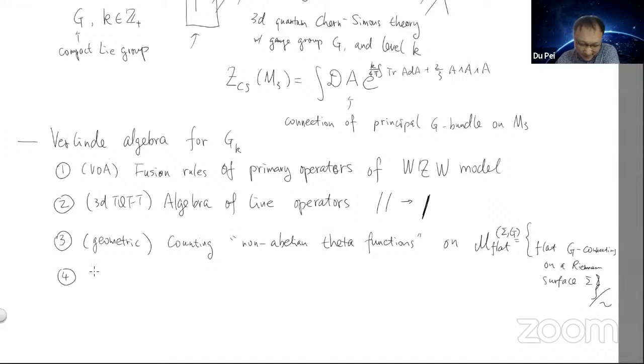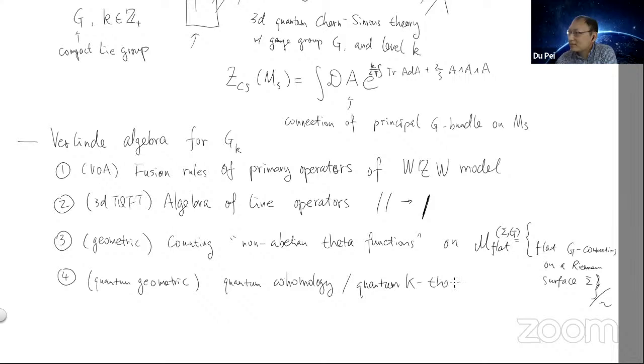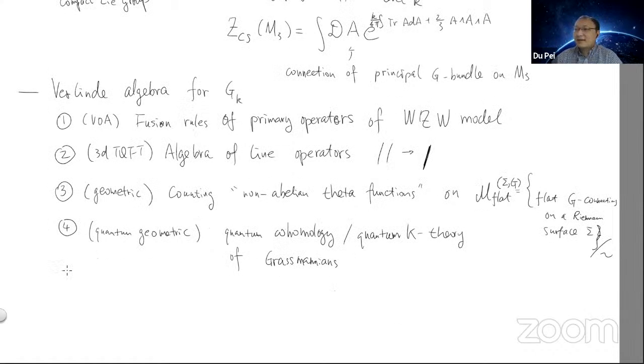So to give you one more interpretation of this algebra, from the quantum geometric point of view, the algebra can also be realized as either quantum cohomology or quantum K-theory of Grassmannians, and many more.